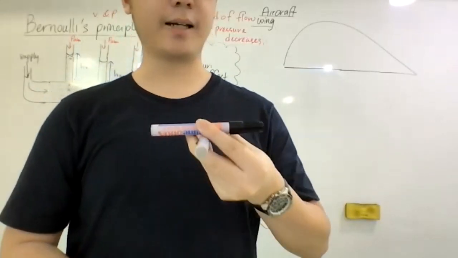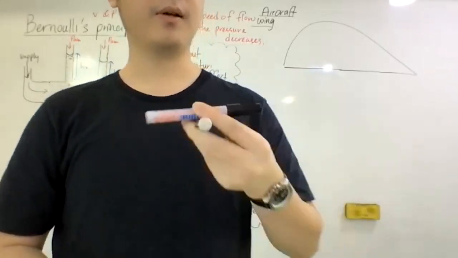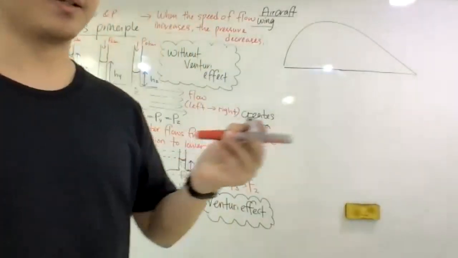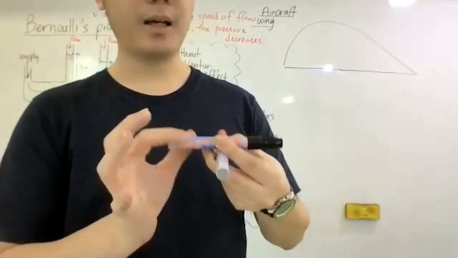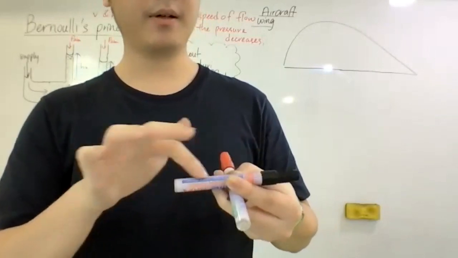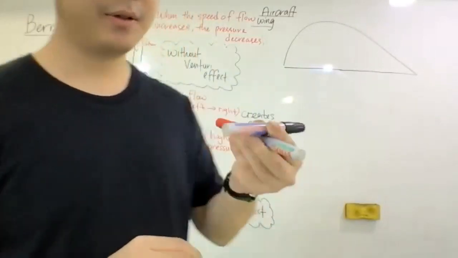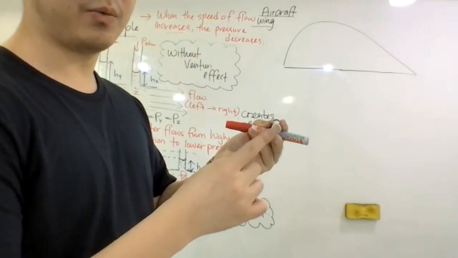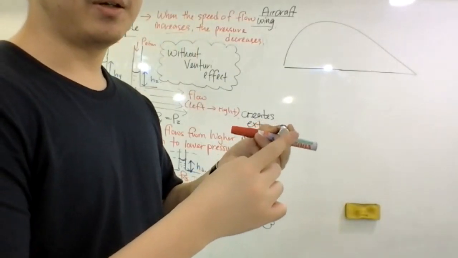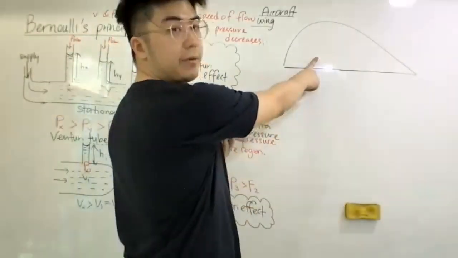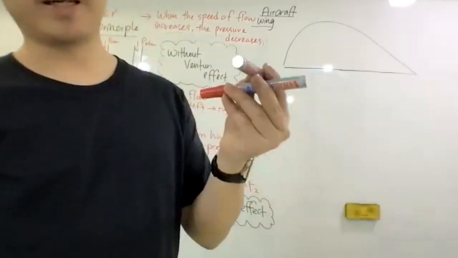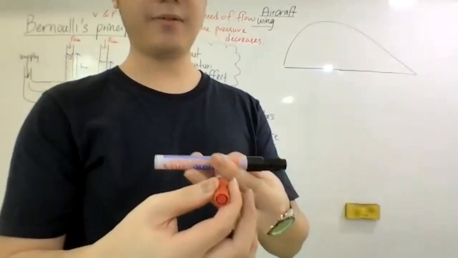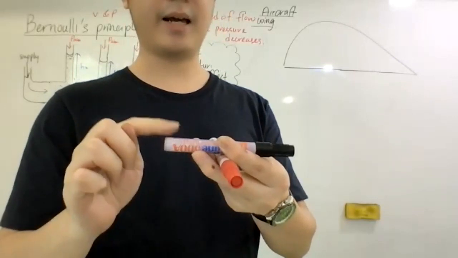So the aircraft is going like this towards you. Now, if I look at the wing from the side, then I will see this diagram. Again, here's the aircraft, that's the aircraft wing.